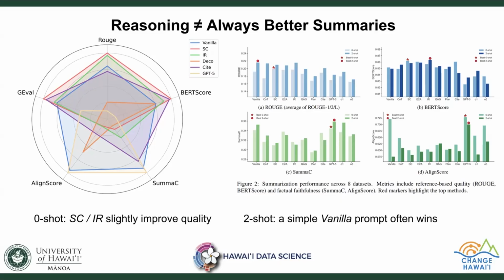And we can say that some models like GPT-5 can output more faithful summaries, and methods like self-consistency can output summaries that are more fluent. From the bar chart, you can see that some of those reasoning methods really cannot outperform the standard prompting.